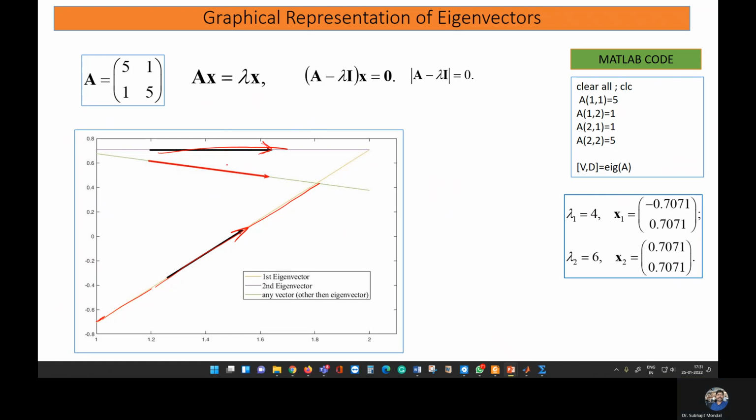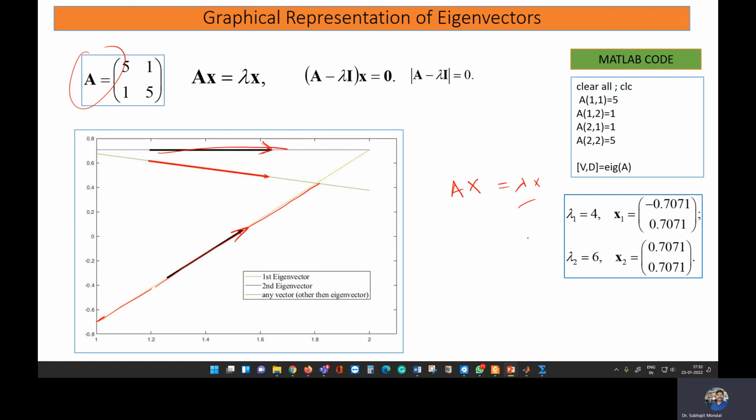So these two are the eigenvectors of the matrix A. And the property I already informed: if we take a matrix and multiply it with the eigenvector, it should come out as the same vector with some multiplication constant.